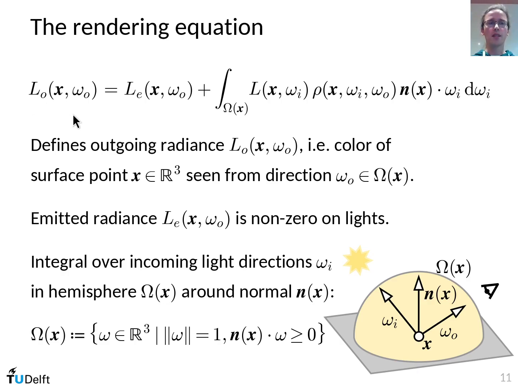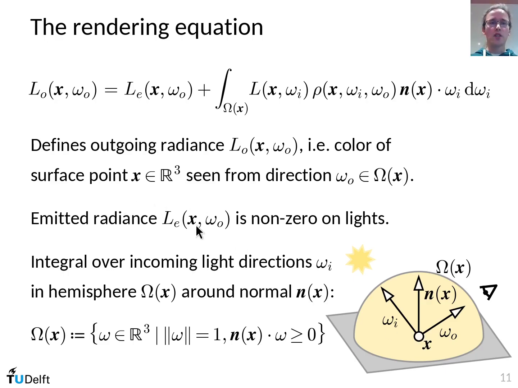The goal of the rendering equation is to compute the outgoing radiance at a point x into a direction omega o. So what that means is we are looking at a point x on a surface from a direction omega o, and then the question that we are asking is, what is the color that we see here? This is called outgoing radiance in technical terms.